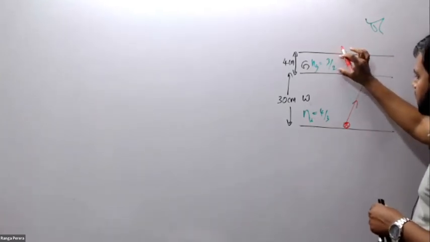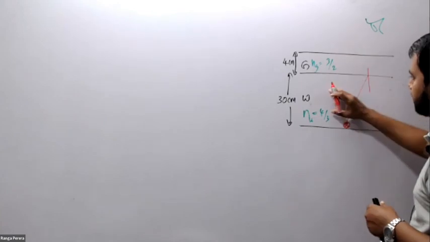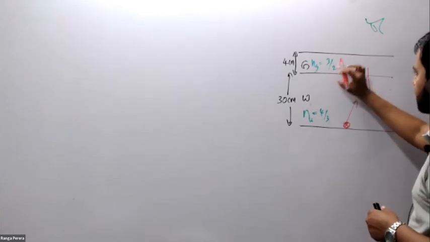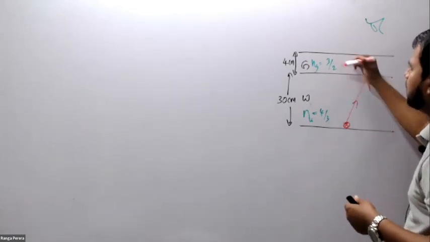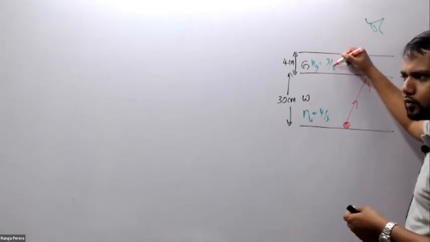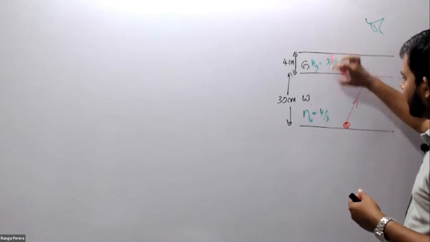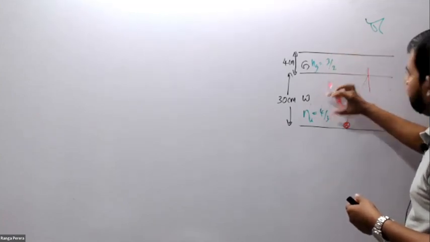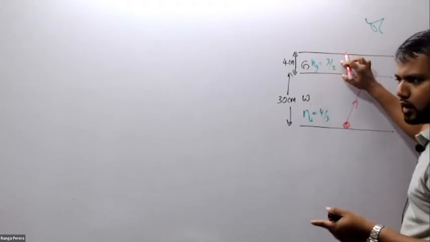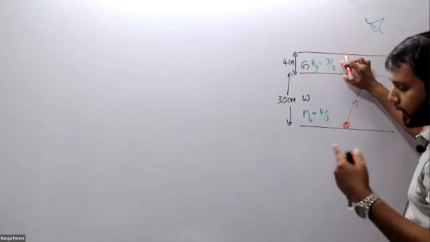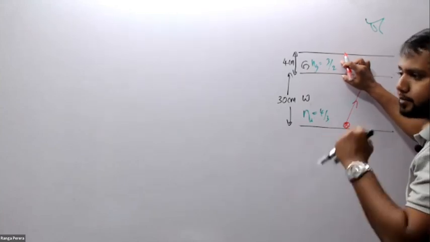This glass is dense medium compared with water. How do I know that? Based on the refractive index values, 3/2 is greater than 4/3. We know that the higher the refractive index, that is the denser medium.